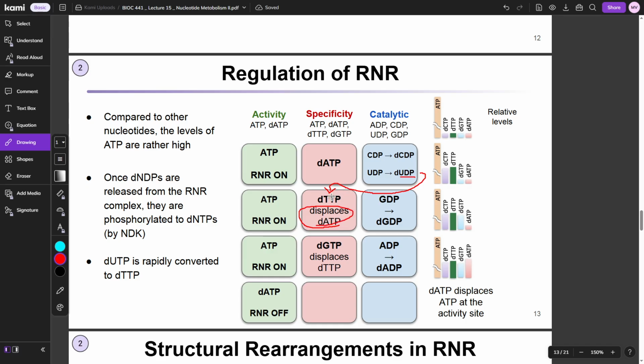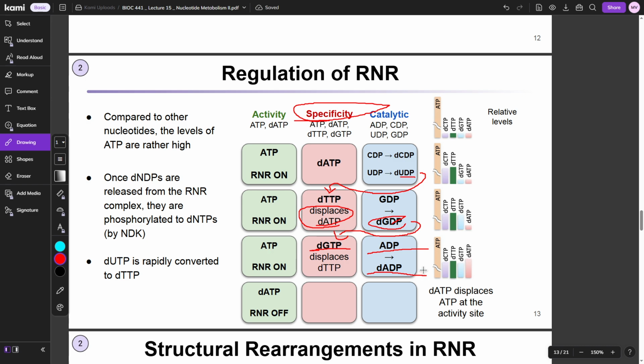And then once dTTP binds to the specificity site, then we bind GDP and turn it into dGDP. And then this dGDP replaces the dTTP, right? And then the GTP allows ADP to bind to make dADP.